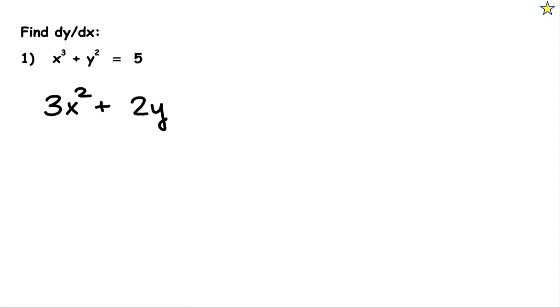But wait, that's the wrong letter. It says find dy dx, and that means only x's are the correct letter. Anything other than an x, like a y or a z or a q or anything else, is the wrong letter.